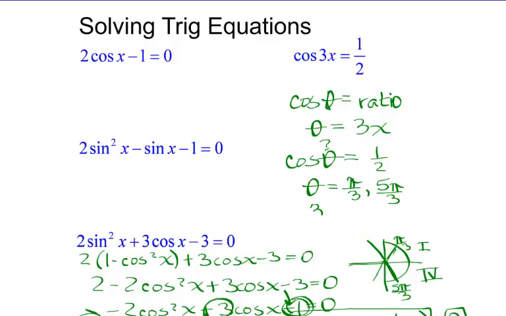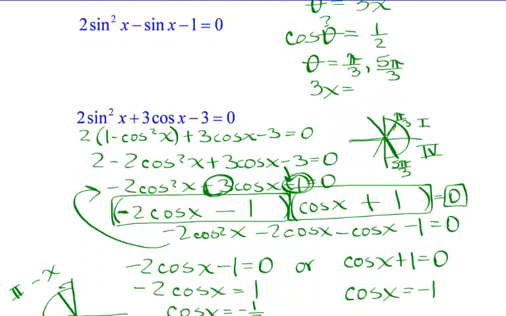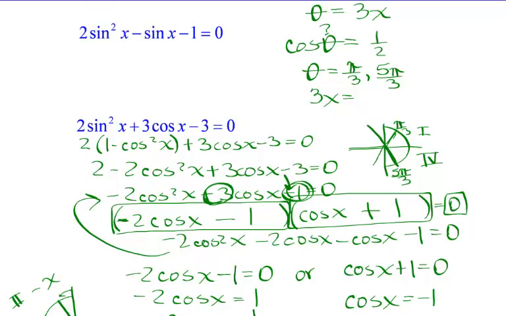But notice that theta is 3 times x. So we're looking for x values. So now we have a little more algebra to do. 3x equals pi over 3. And 3x equals 5 pi over 3. So we solve this for x.